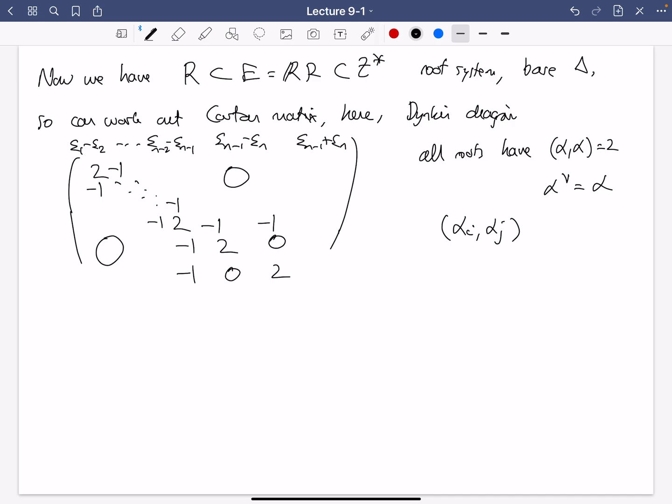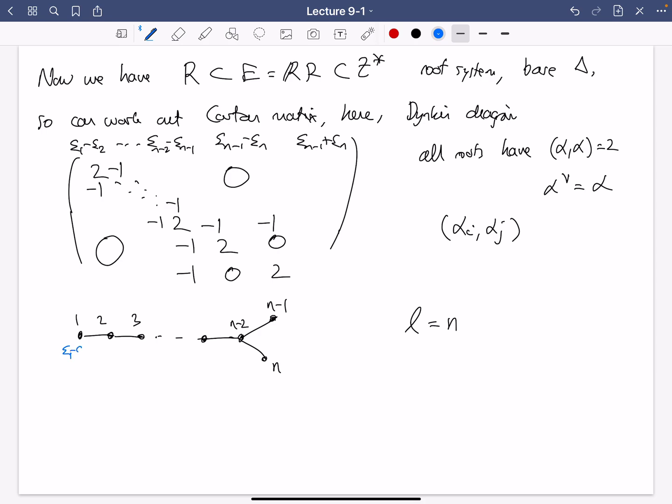And that gives the Dynkin diagram. You have one more node. So the roots are 1, 2, 3. Then this is, so l is n here, the rank is n. So I would label that n minus 1, n minus 2, and so on. So these were the order that I picked.